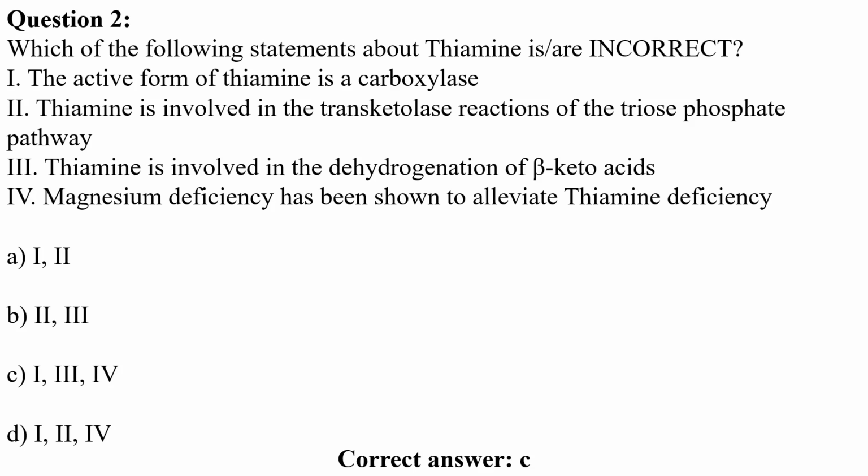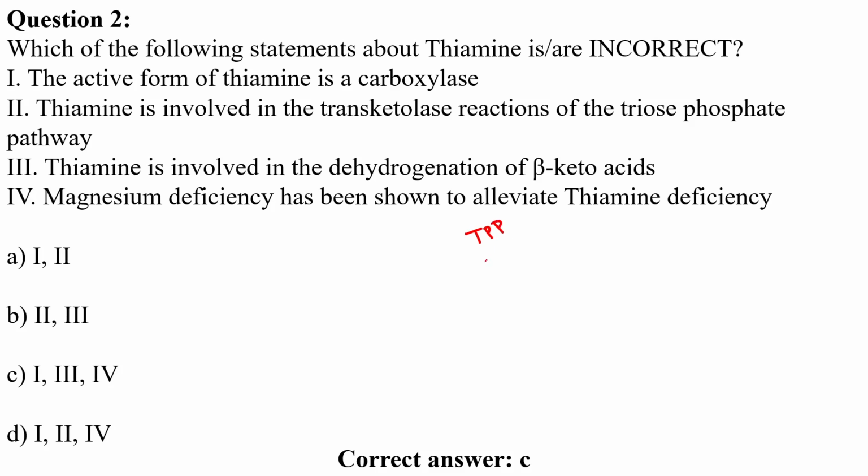So first, third and fourth statements are incorrect. Second statement, that is thiamine is involved in trans-ketolase reaction of triose phosphate pathway, that is the correct answer. The active form of thiamine is actually called thiamine pyrophosphate, also known as TPP.